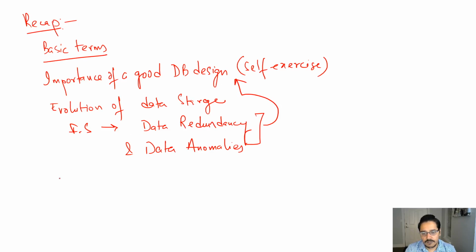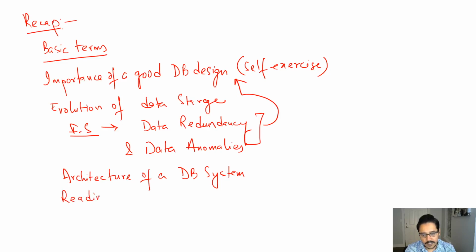And then finally, we discussed briefly the architecture of a DB system and how it compares to the file system architecture, and how it helps to resolve some of the problems. And after that, you have two small reading assignments.